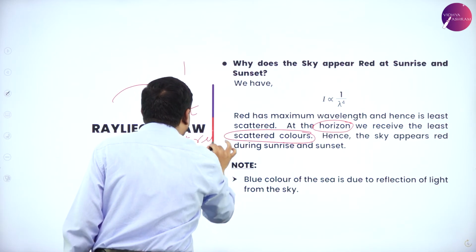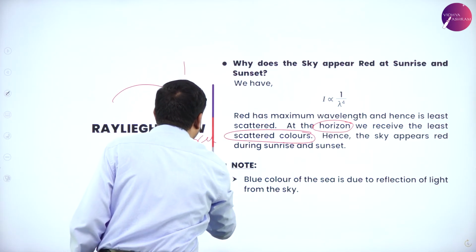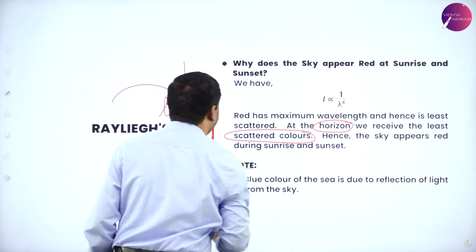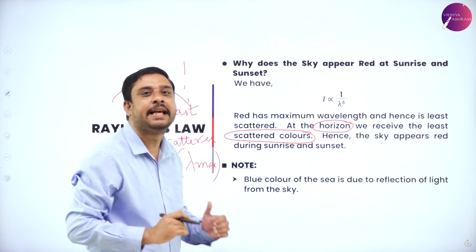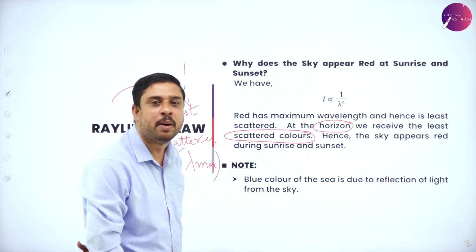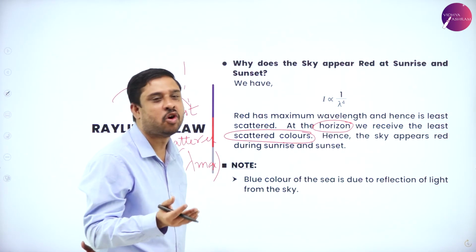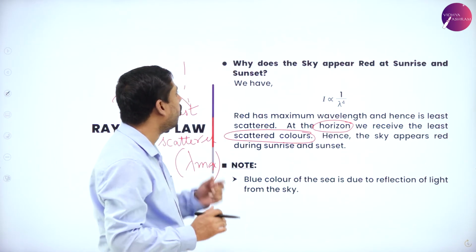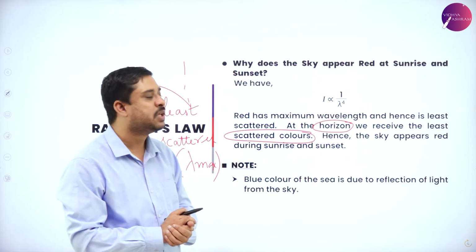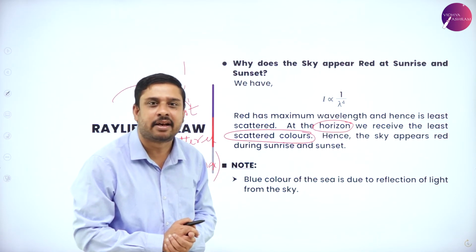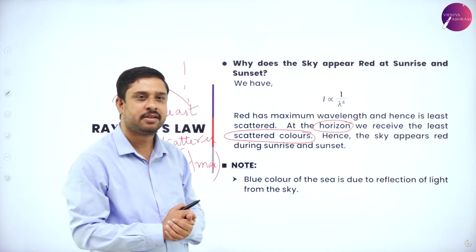Least scattered colors will have maximum wavelength. And which are the colors with maximum wavelength? Red or orange. Therefore, the sky appears red at sunrise and sunset.